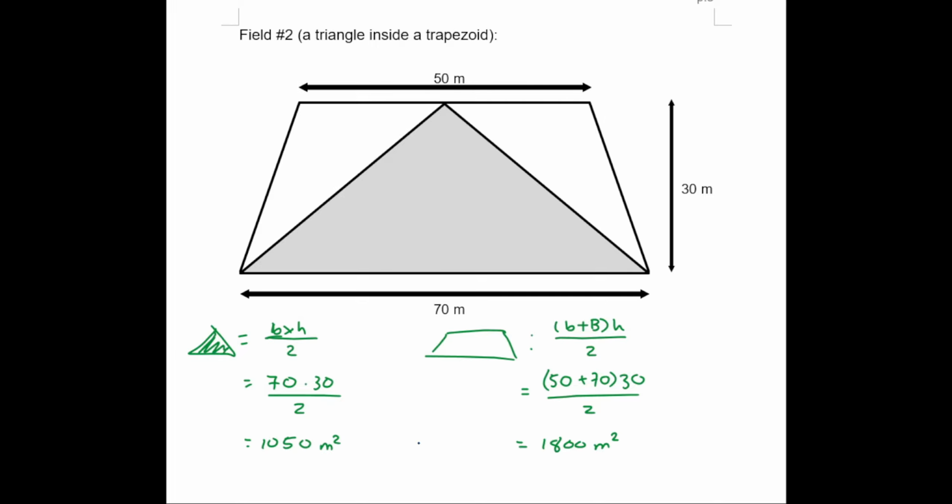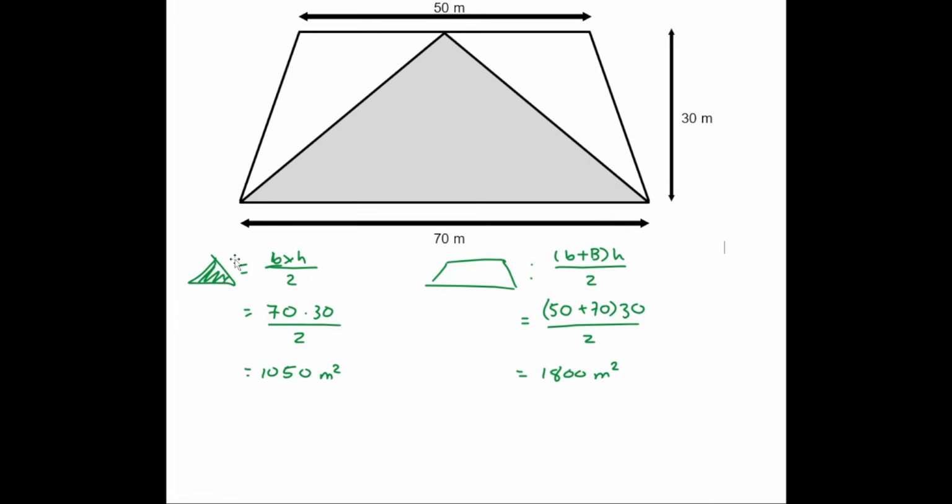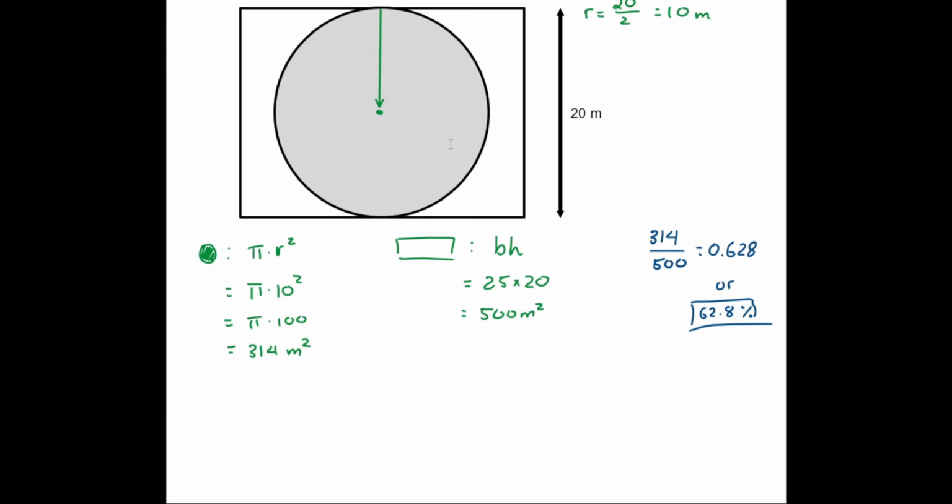Okay, so same thing as before, we're going to take my favorable area, which is the area of the shaded triangle, 1050, and we're going to divide that by the total area, which is 1,800, and that's going to give you 0.583 or 58.3%.